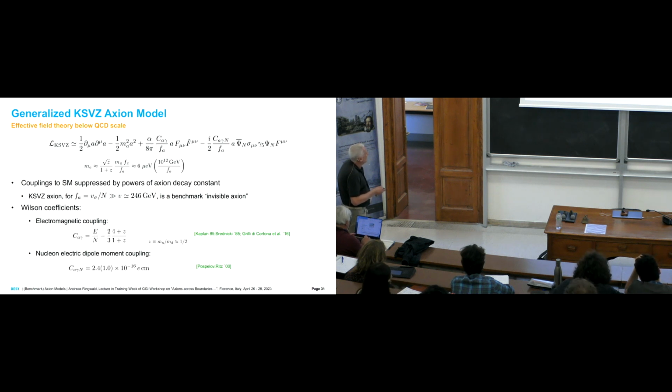So in general this electromagnetic coupling will go like E over N minus this factor of around 2, and there will be a guaranteed coupling to the nucleon electric dipole moment.